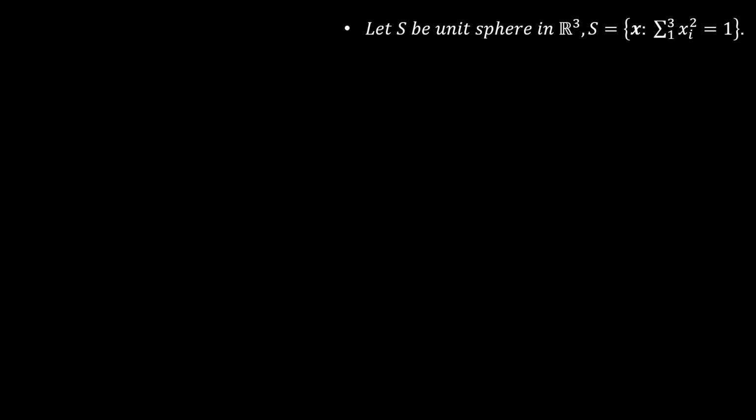For those of you who are used to looking at it from an XYZ perspective, X1 would probably be x, X2 would be y, and X3 would be z. And so the sum of the squares of those coordinate points equals 1, or 1 squared.